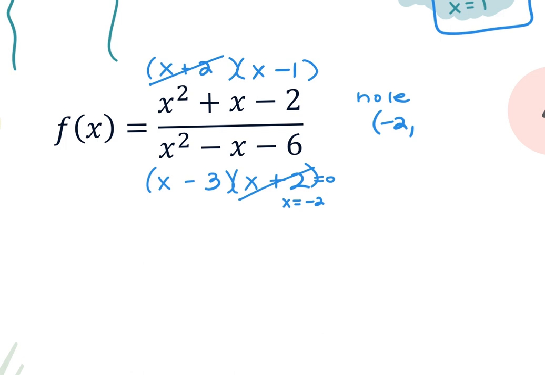So then to find the y, I have to use my updated equation. So my f of x now equals x minus 1 over x minus 3. And that's where I would plug in the -2. So -2 minus 1 over -2 minus 3, which is -3 over -5, or 3/5.